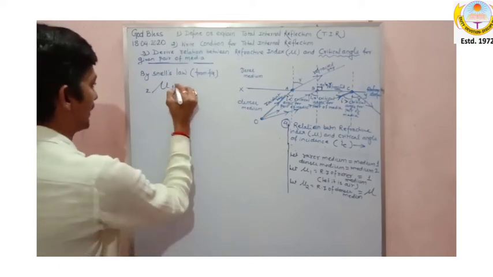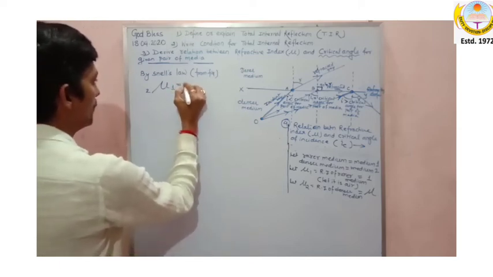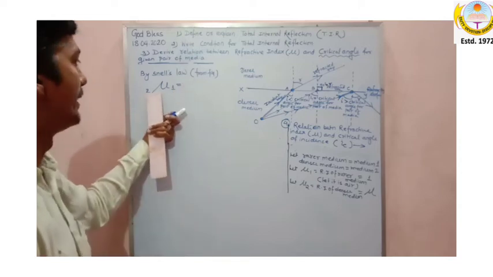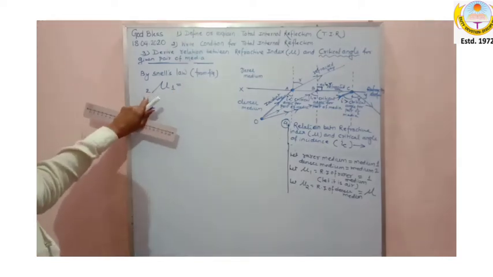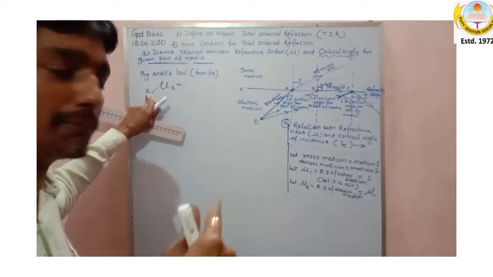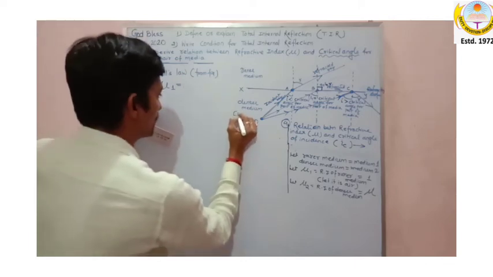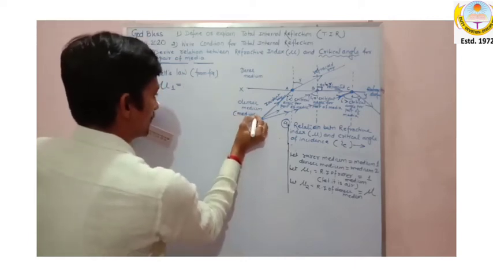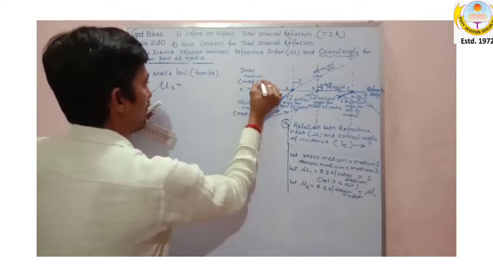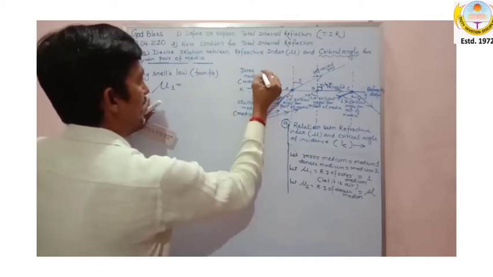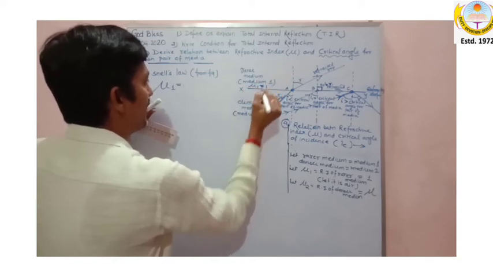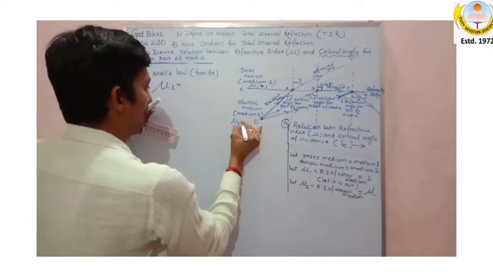Now this can be written with the angles forming in medium 2. The 2 here means the light is coming from medium 2. So this is medium 2, and this is your medium 1. Its RI is mu 1, equal to 1, and its RI is mu 2, equal to mu.